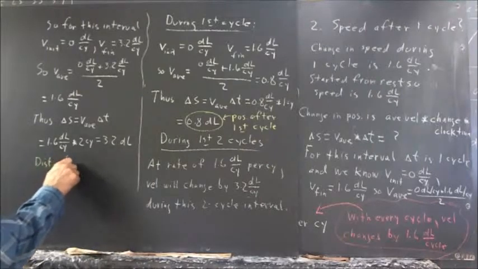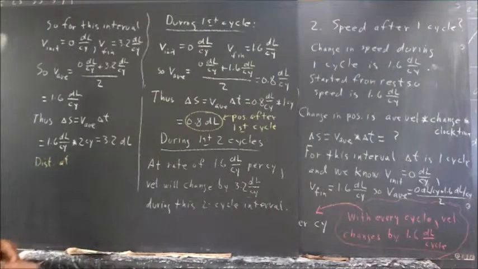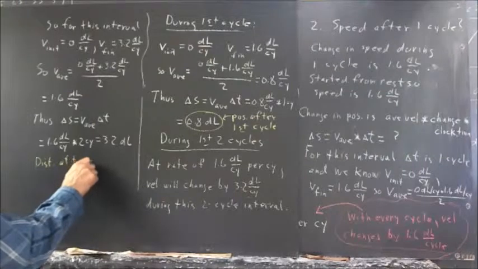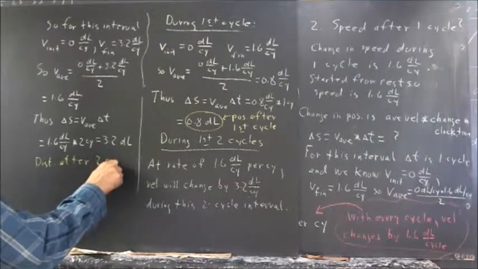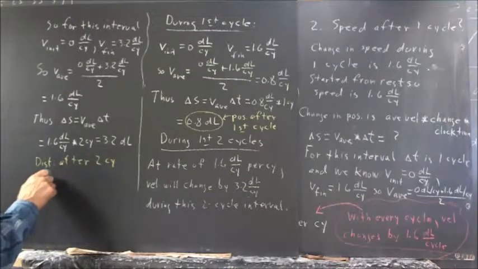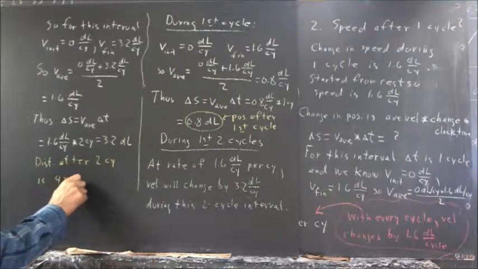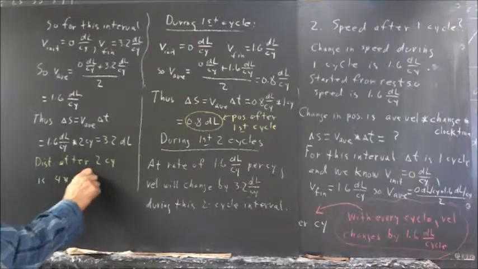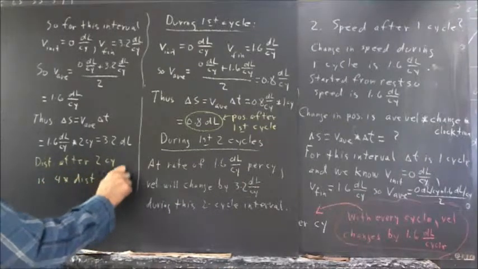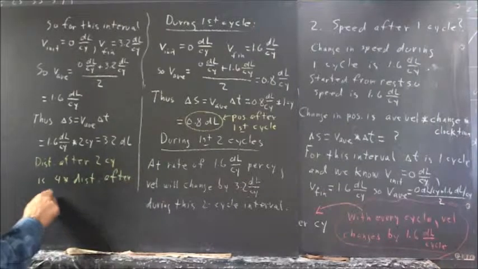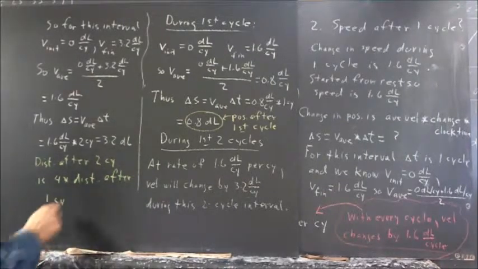So the distance after 2 cycles is 4 times the distance after 1 cycle.